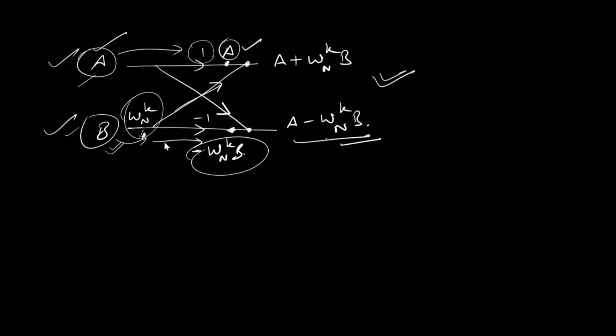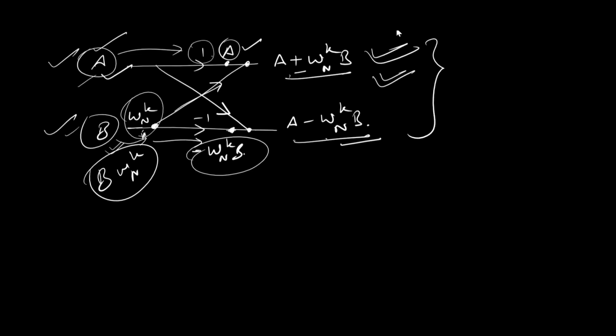Likewise this side will result in A plus, since you will be multiplying with plus 1, so this will become plus because this is positive till this point. B multiplied by W and K is what we have at this point, so we can add this value to A. So I think that is clear. This will be followed for all the butterflies.